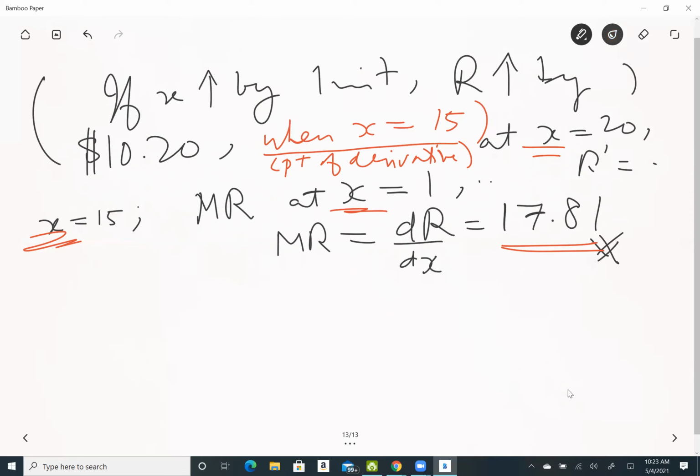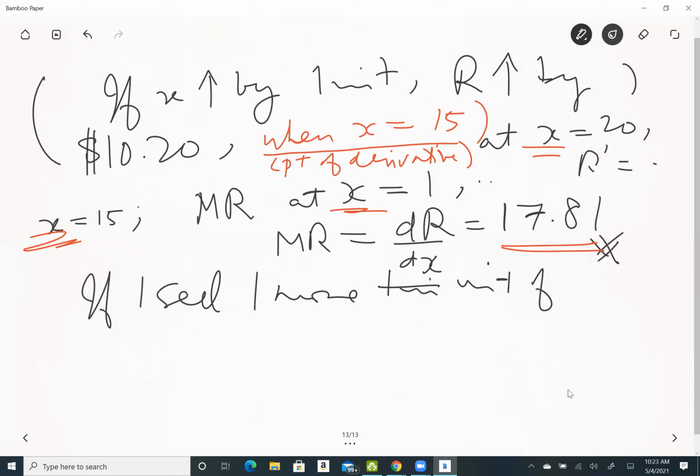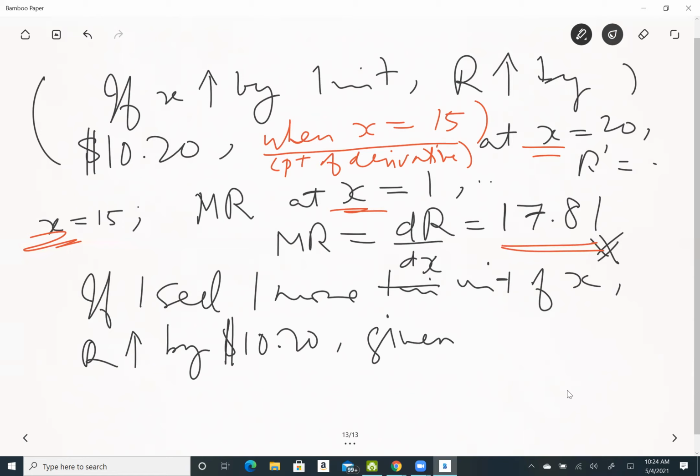Or what you can say is that if I sell 1 more unit of the good x, because they didn't mention what x is, the revenue will increase by $10.20, given that currently I sell 15 units.